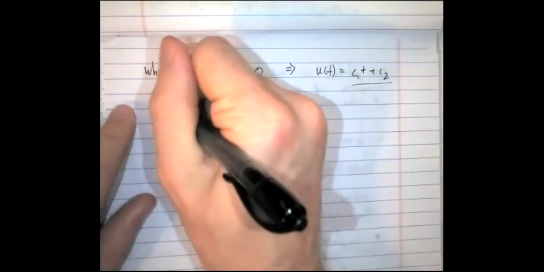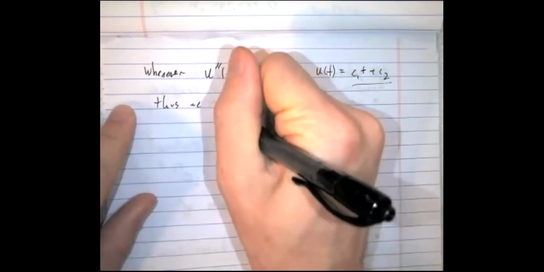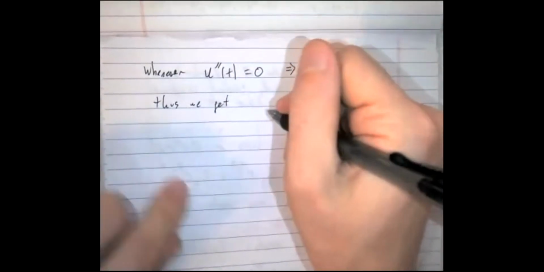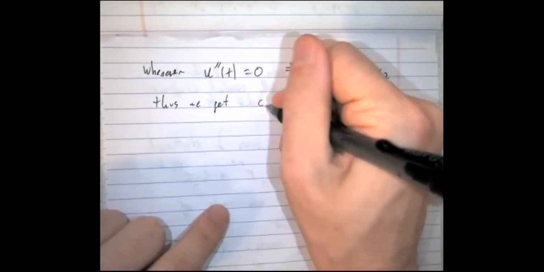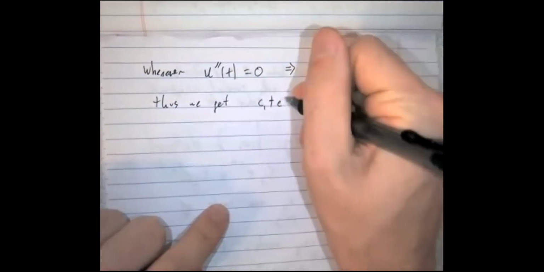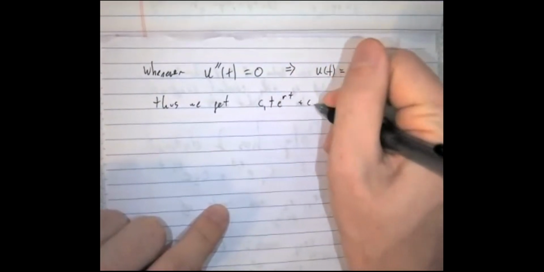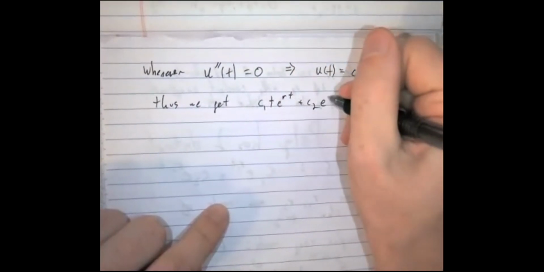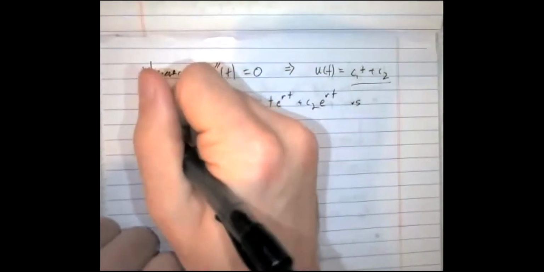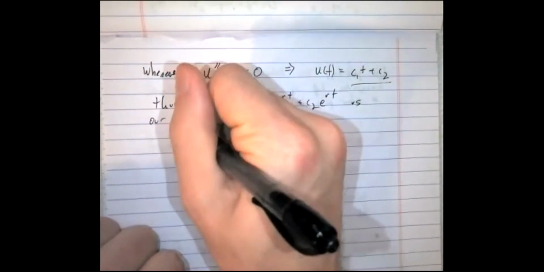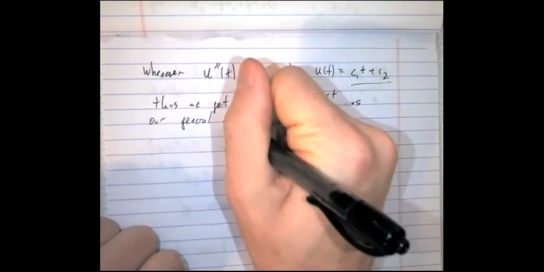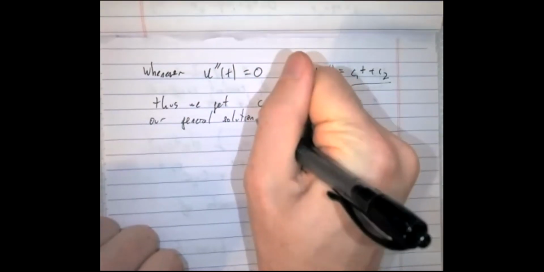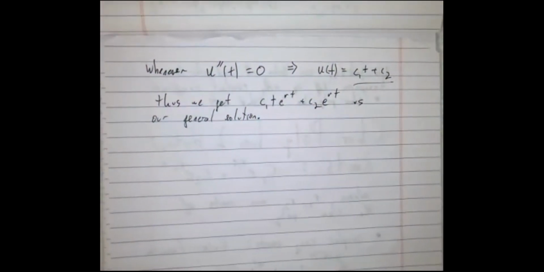So thus, we get c1 t e to the rt plus c2 e to the rt as our general solution. Okay, this is all just review from stuff that we did yesterday.